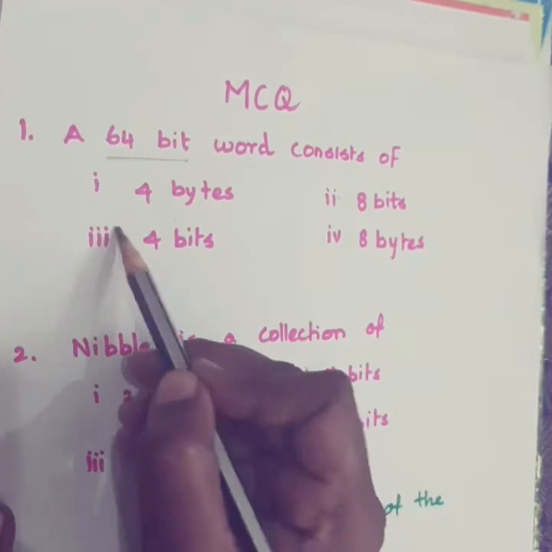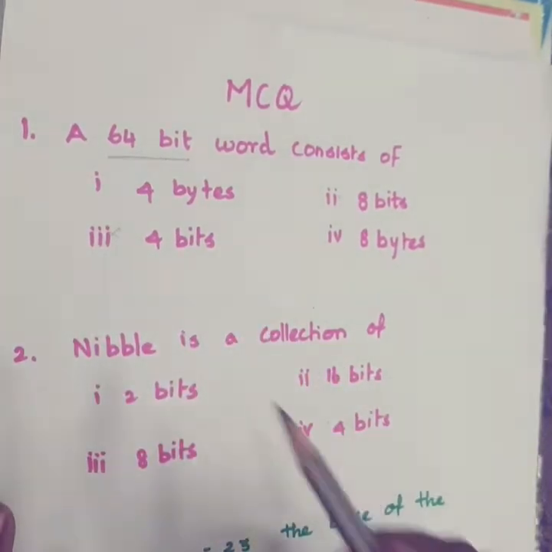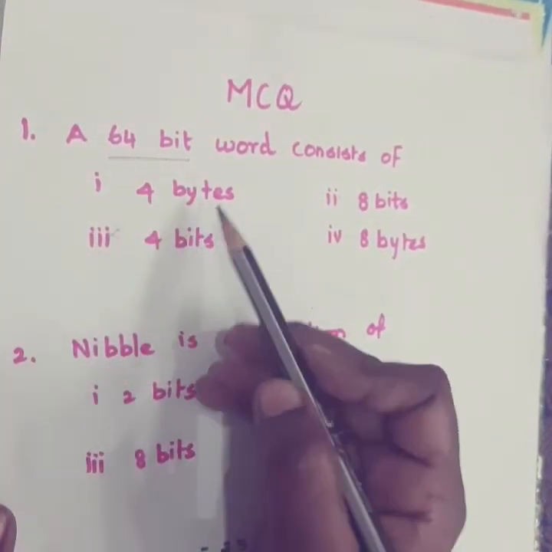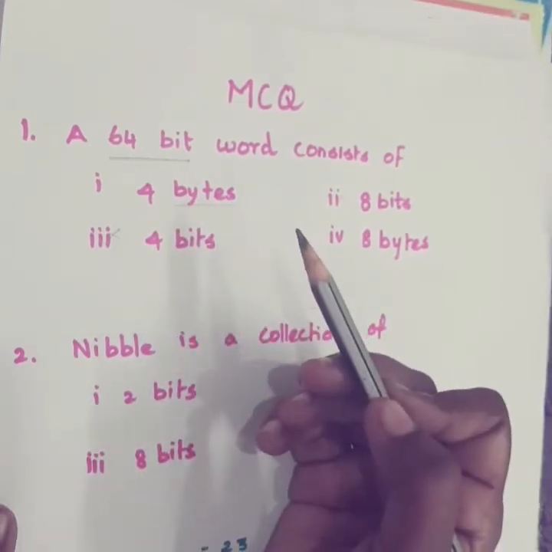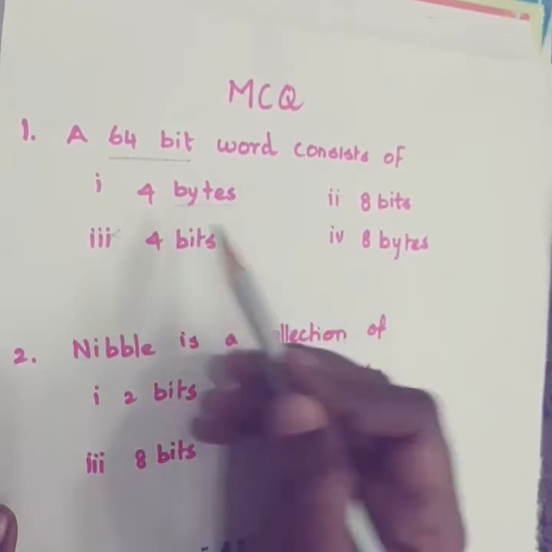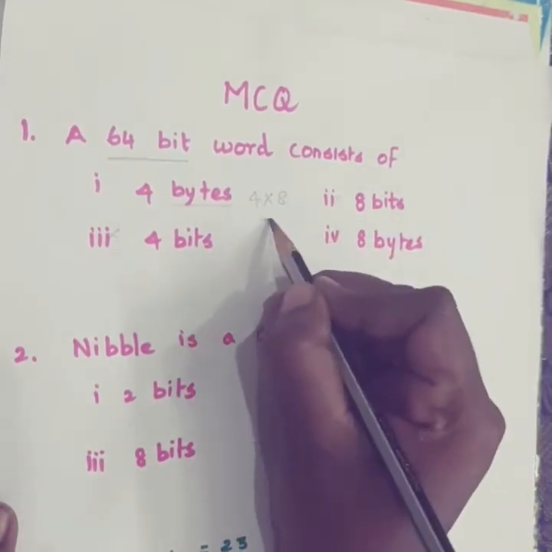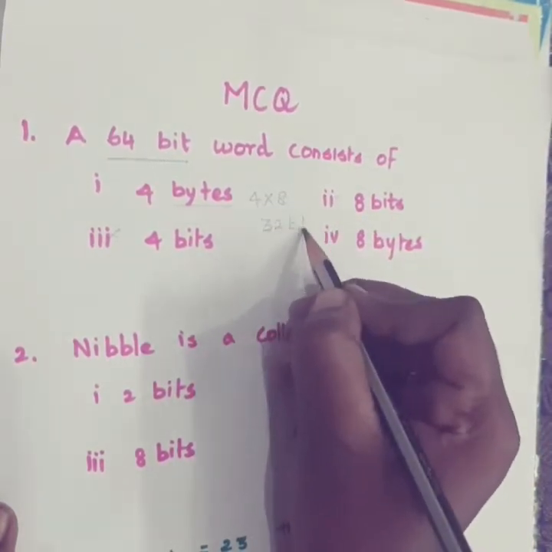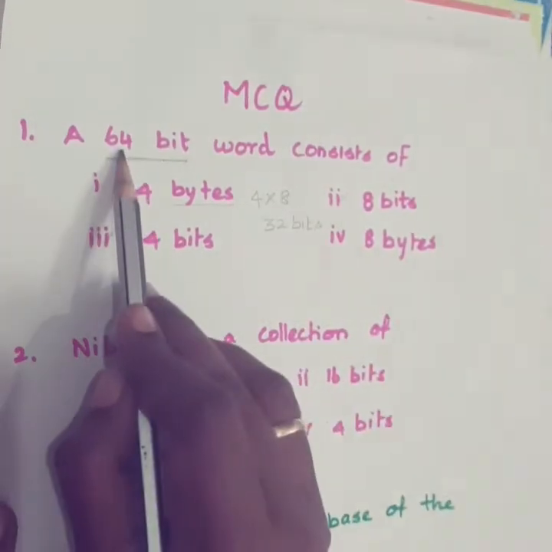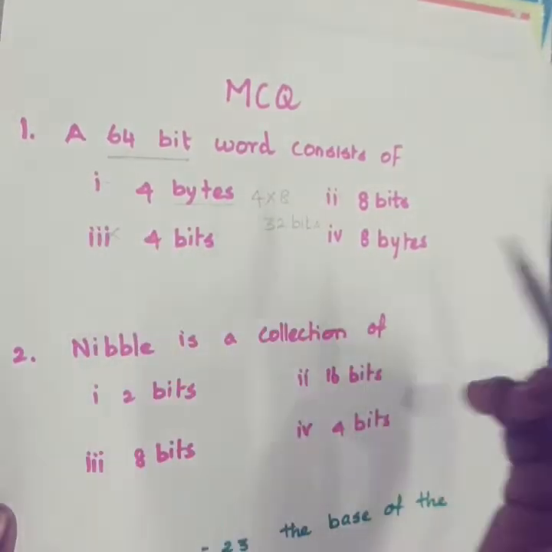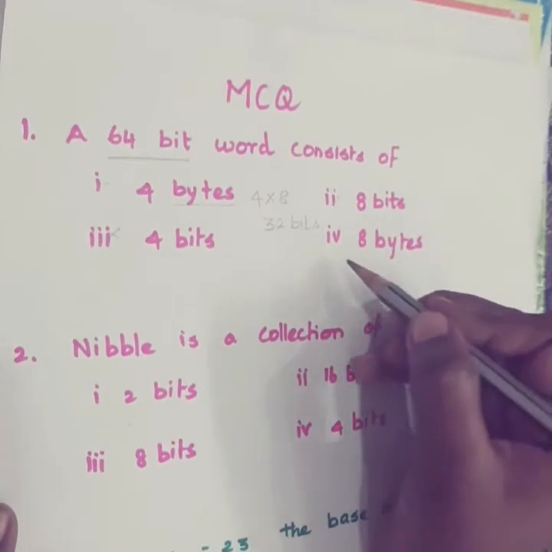So these two options will not be the correct one. Next, come to 4 bytes. Byte, we know that byte is a collection of 8 bits. So 4 bytes means 4 into 8, that is 32 bits. And here it is 64 bits, so we can exclude this option.